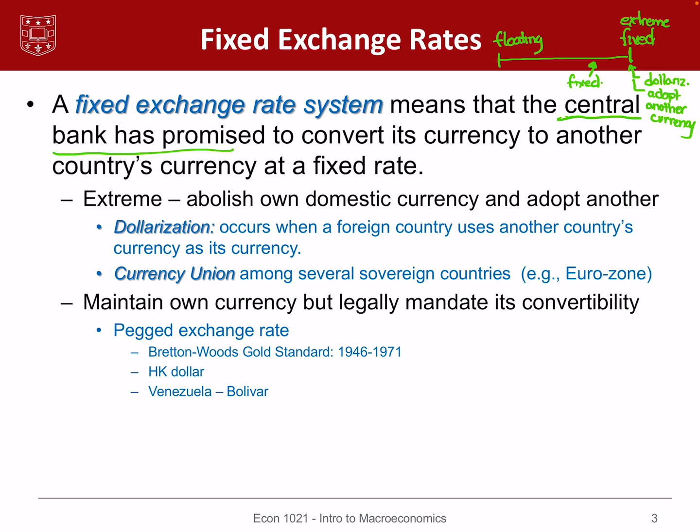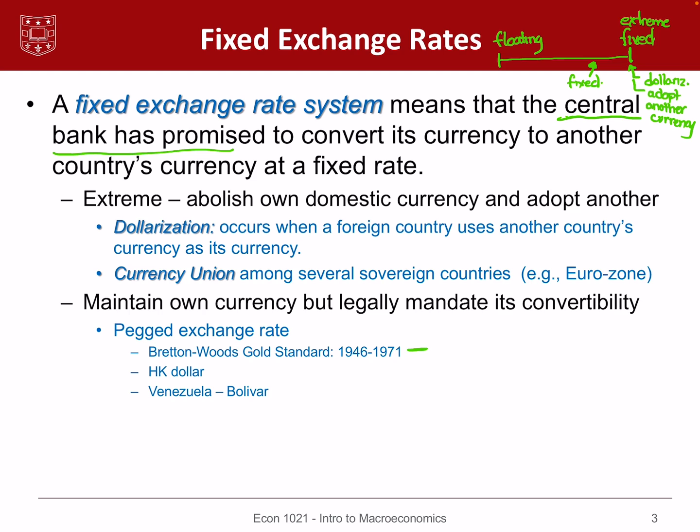The idea here would be that you maintain your own currency in circulation, but legally mandate its convertibility to another country's currency, or perhaps to a basket of currencies, or perhaps to a commodity like gold.